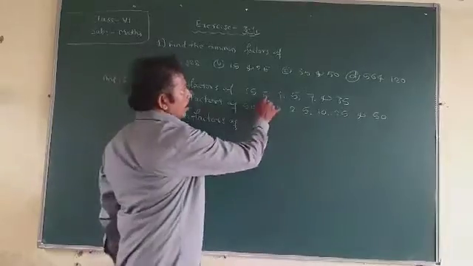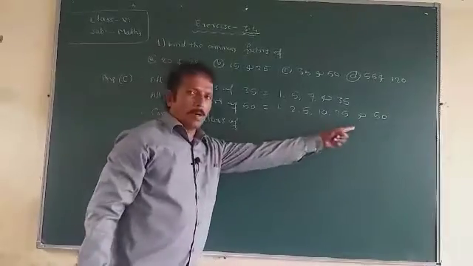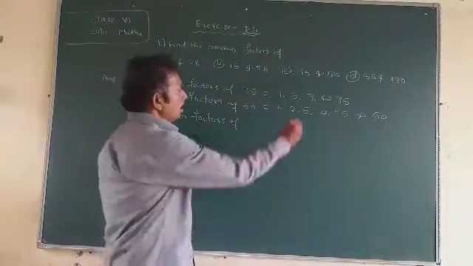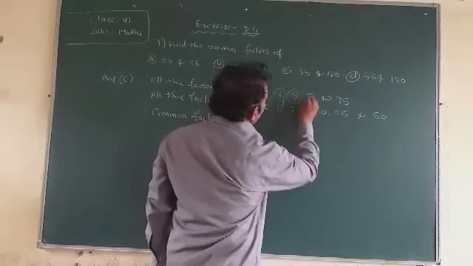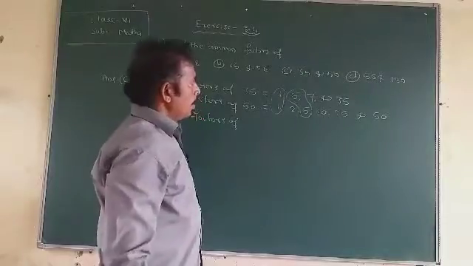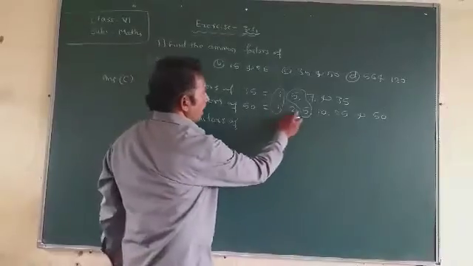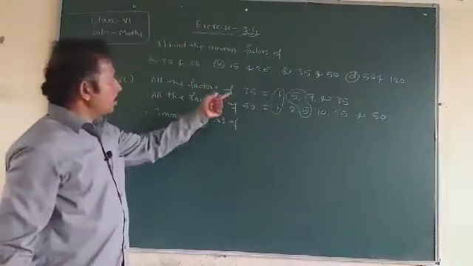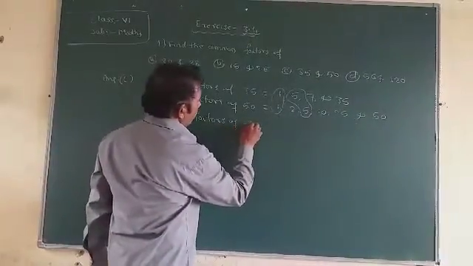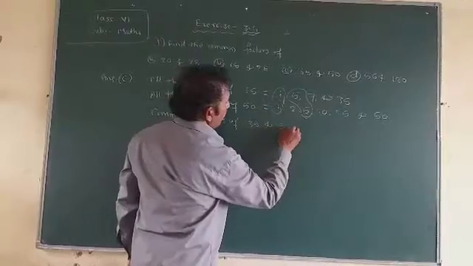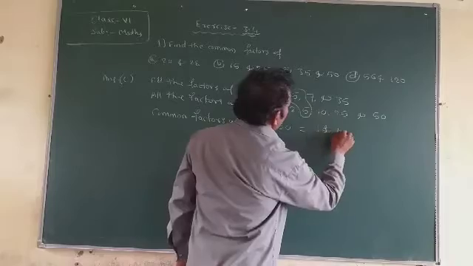Now in the list of all the factors of 35 and 50, circle the numbers which are common. 1 is common, 5 is common. Is there any other factor common? No. Therefore common factors of 35 and 50 is equals to 1 and 5.